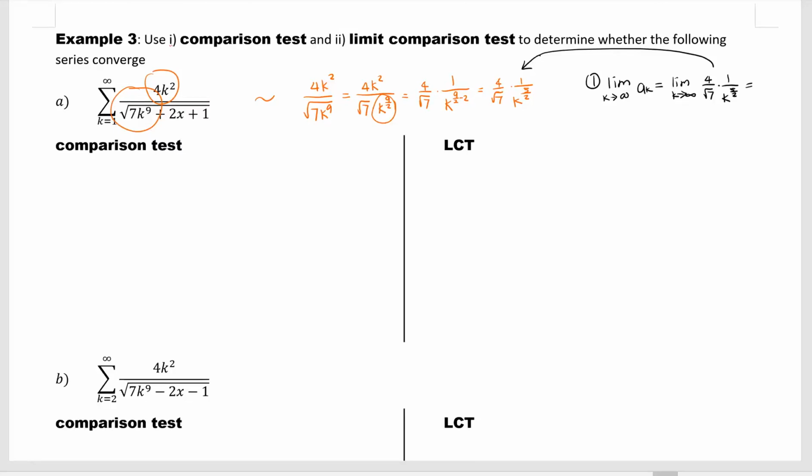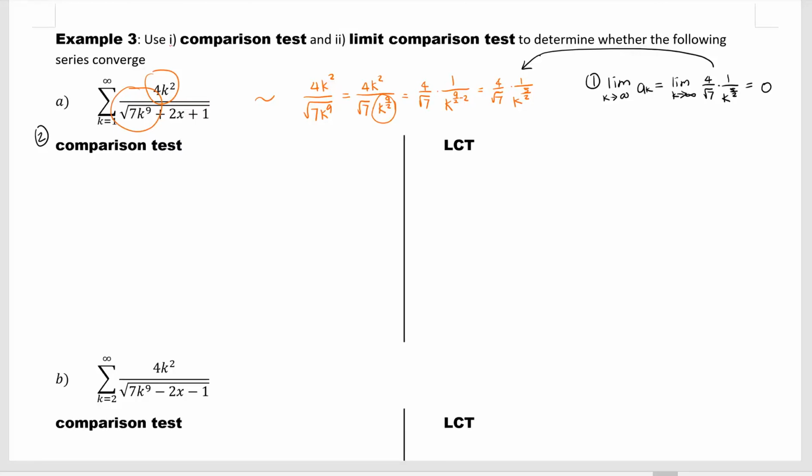You can see the denominator goes to infinity while the numerator is constant, so this is 0. So the divergence test is inconclusive, and we go to step 2. Step 2 is either the comparison test or the limit comparison test. Now let's see the difference.